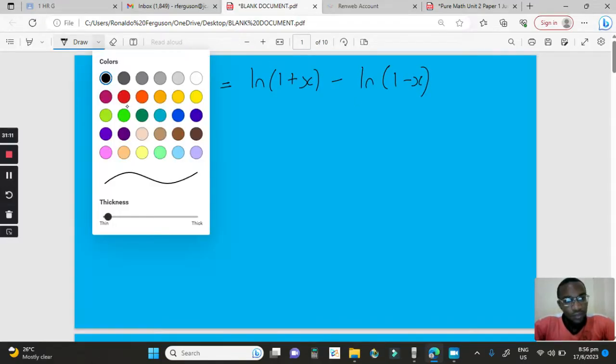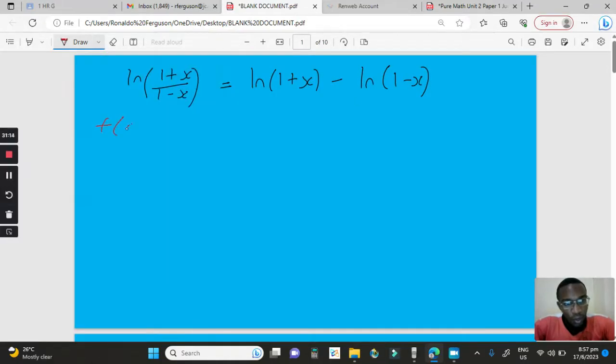So now, remember f of x is equal to f of 0 plus f prime of 0 times x plus f double prime of 0 times x squared over 2 factorial. So in that case, f of 0 is going to be ln 1 plus 0 minus ln 1 minus 0, which is ln 1 minus ln 1, which is 0.